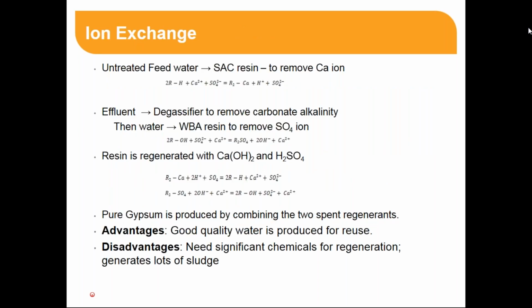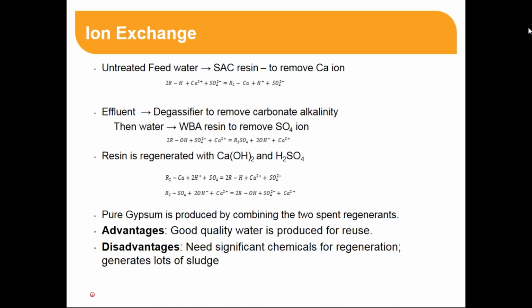The next process is the ion exchange process. Your feed has both calcium and sulfate. Your untreated feed goes first to a cation resin, or cation ion exchange, where you remove cations, mainly the calcium. Then you send the effluent from the cation resin to an anion resin, or anion ion exchange, where you remove sulfates.